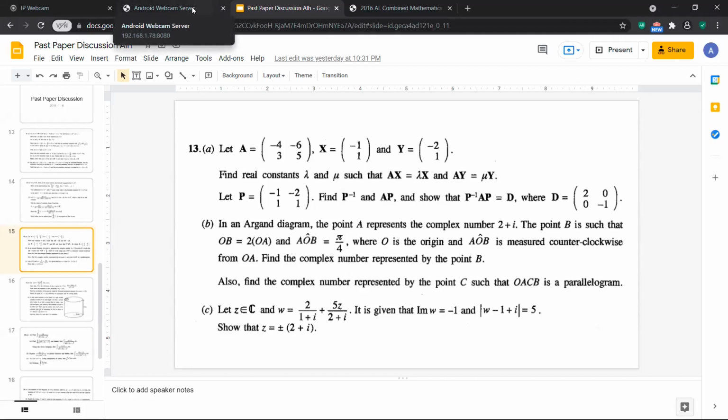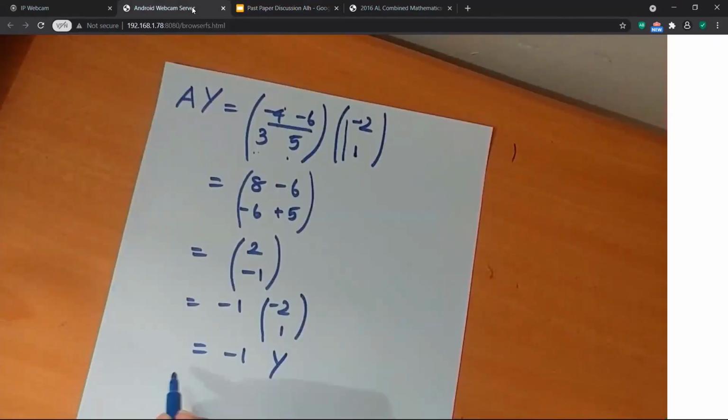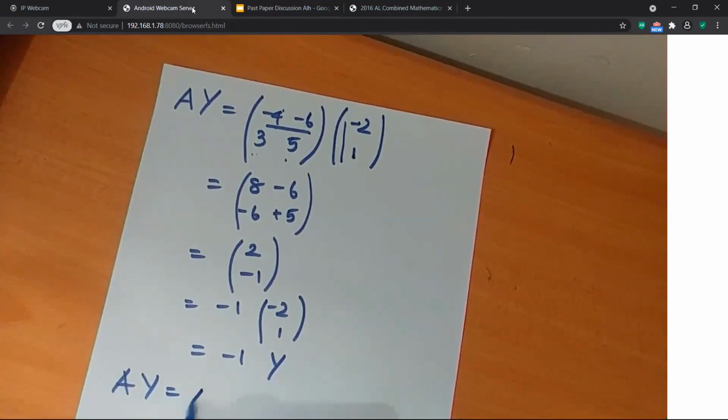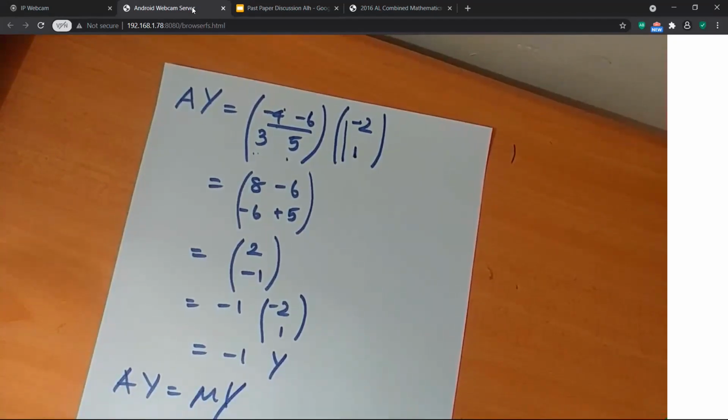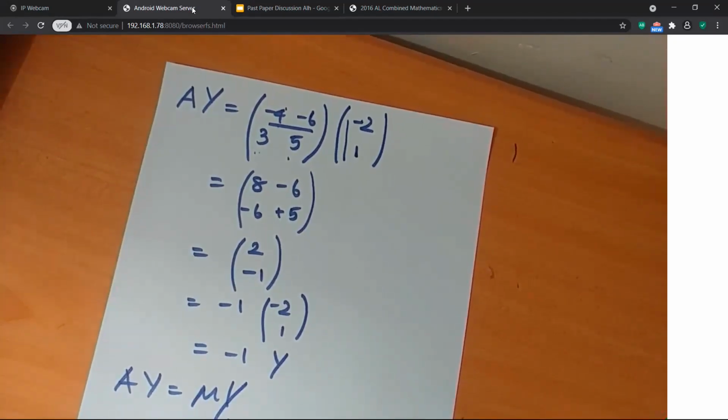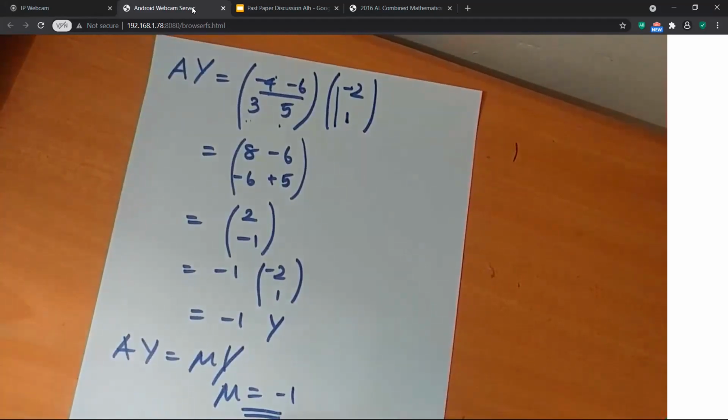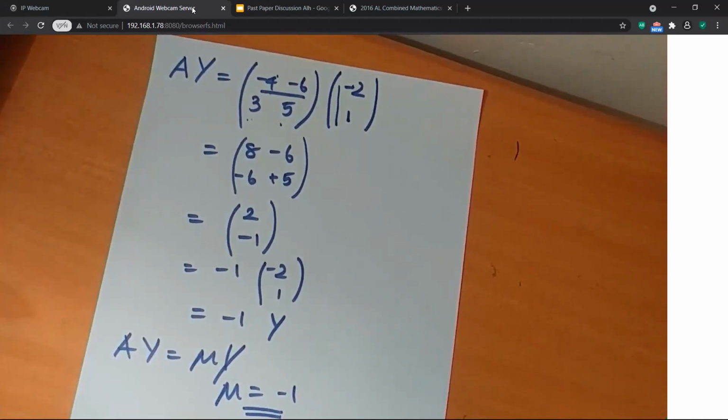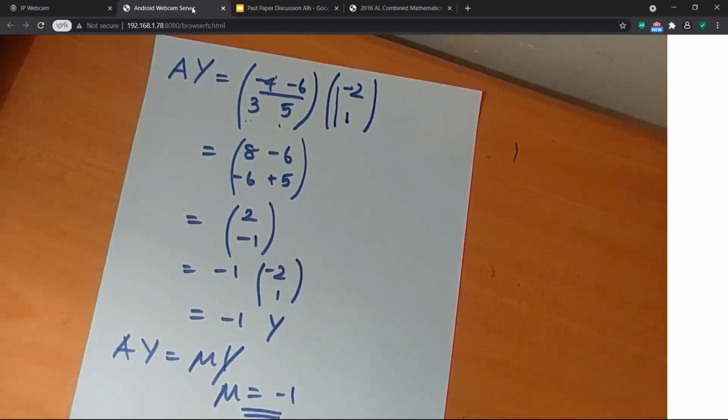They have given Ay is equal to mu y, which means mu is equal to minus 1, right?